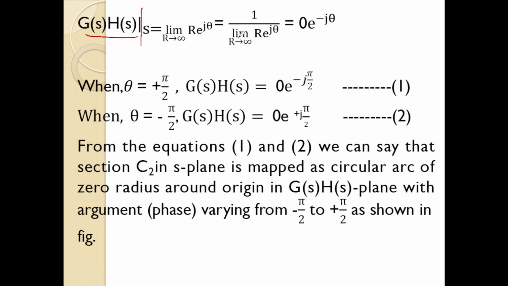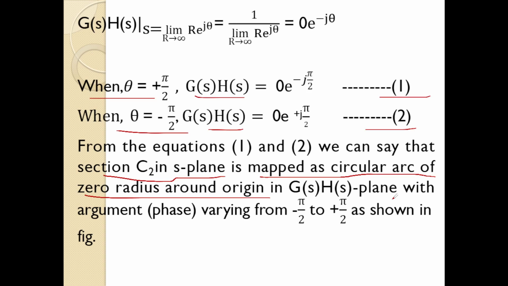Okay, so from equation 1 and 2, what we can conclude is that the section C2 in S plane can be mapped as a circular arc of 0 radius around the origin, on G of S, H of S plane, with an argument varying from minus pi by 2 to plus pi by 2.